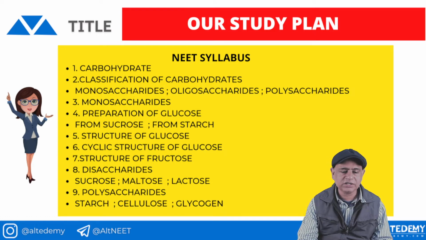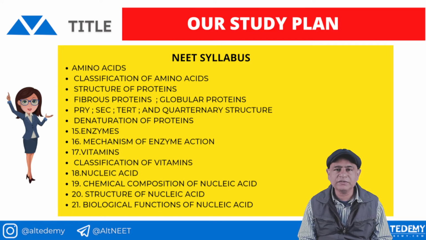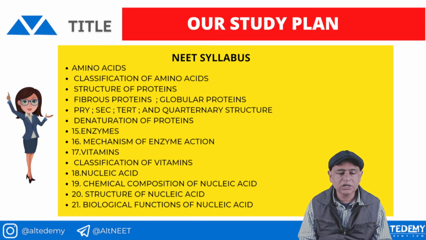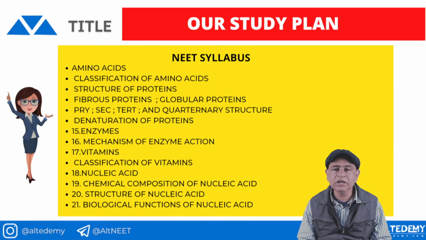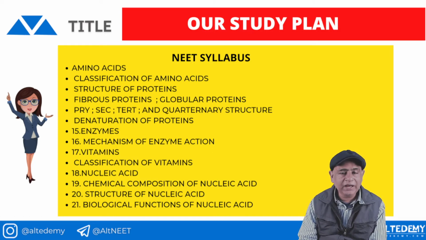We talk about starch, cellulose, glycogen, amino acids, classification of amino acids, structure of proteins, fibrous and globular proteins, primary, secondary, tertiary, and quaternary structures, denaturation of proteins, enzymes, mechanism of enzyme action, vitamins, classification of vitamins, nucleic acids, chemical composition of nucleic acid, structure of nucleic acid, and biological functions of nucleic acid. This is the planning of our study for this biomolecule chapter.